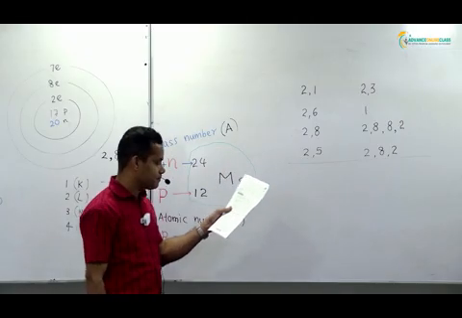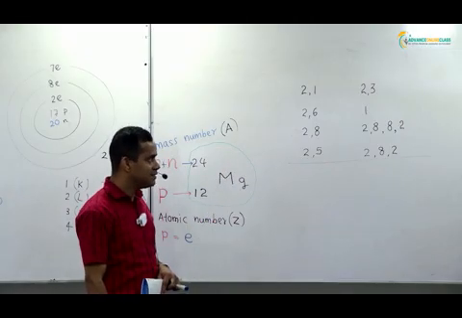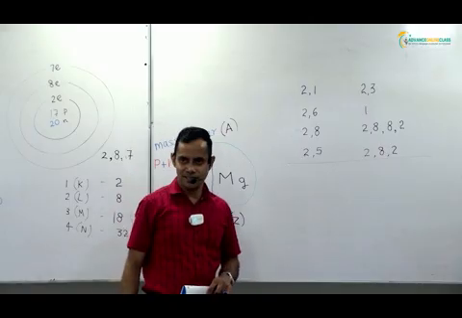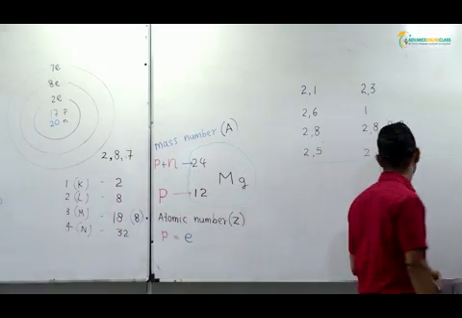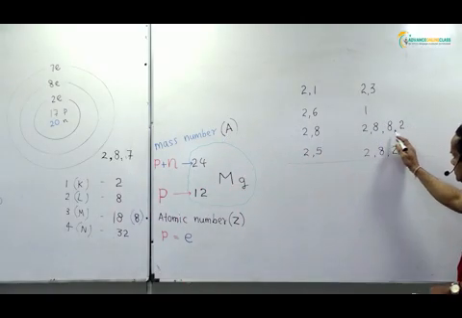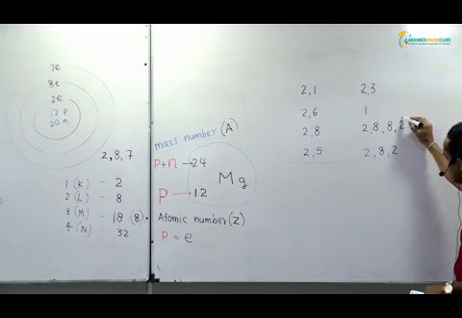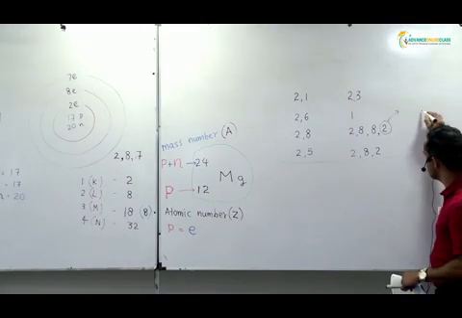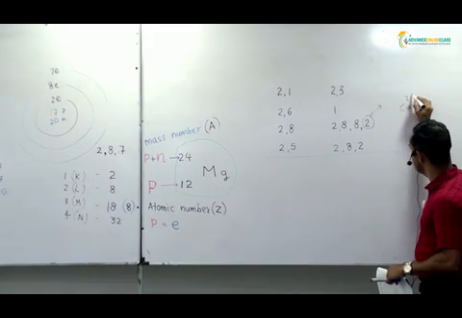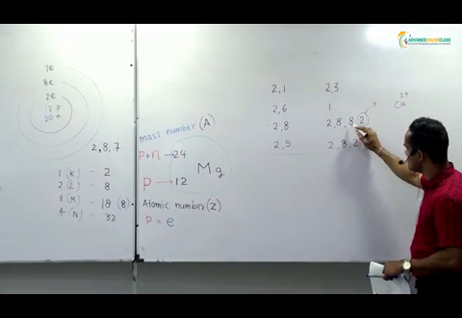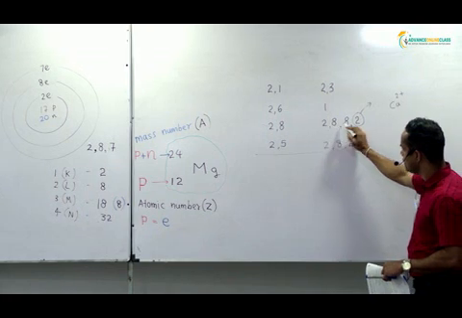Calcium ion. You don't know what a calcium ion is. Later you are going to learn. Next day, calcium is 2, 8, 8, 2. Calcium removes these 2 electrons, and because of removing electrons, the calcium atom becomes calcium 2 plus. These electrons are left. How many electrons? 18.